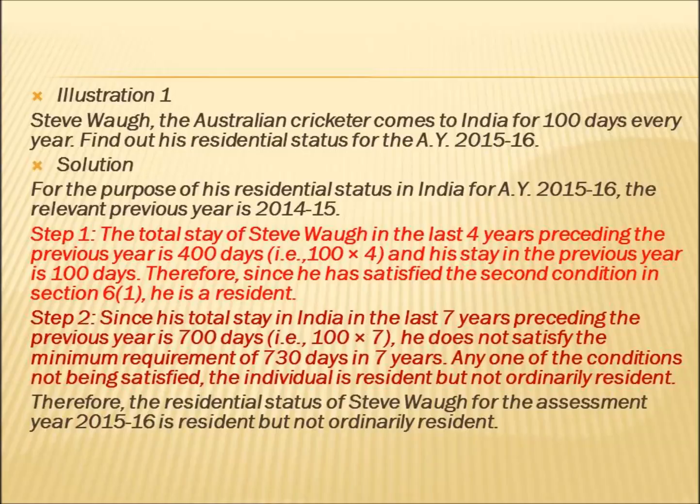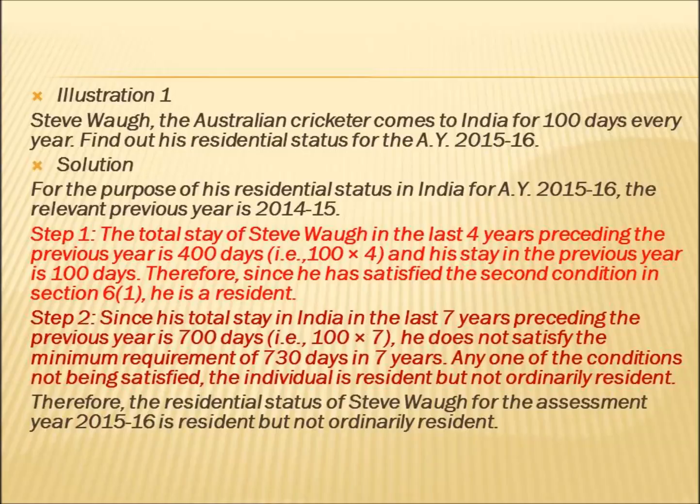Number 1 was he has been in India during the previous year for a total period of 182 days or more. When we apply this condition, it is not satisfied by the Australian cricketer because he was in India just for 100 days. It is given that he comes to India for 100 days every year. So it's evident that in the previous year also he was in India for 100 days. So he is not satisfying the first condition given for being a resident in India.